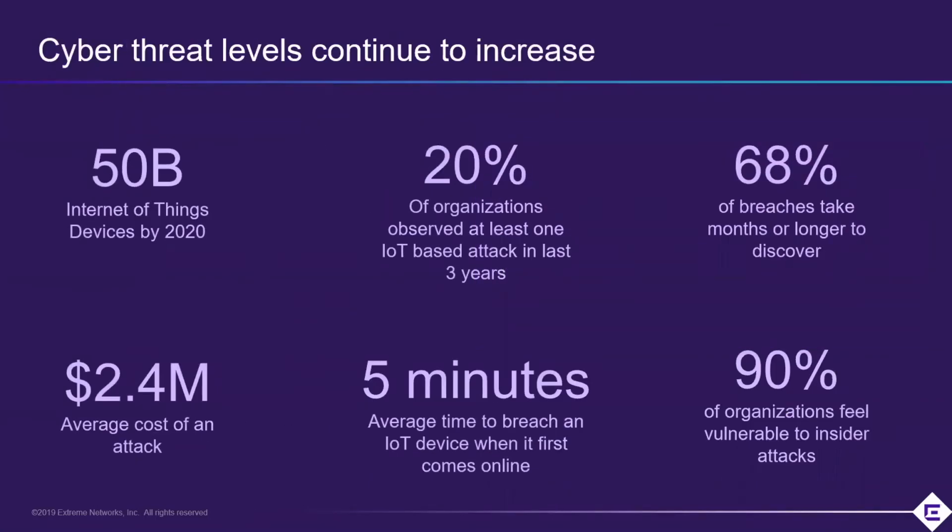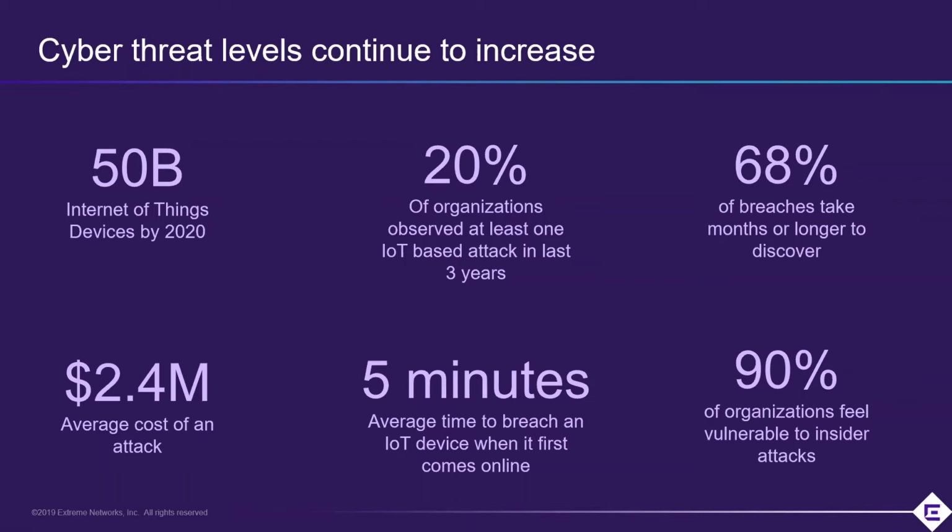Cyber threat levels continue to increase, and I just want to take a couple notes on these slides. First of all, the number of the IoT devices. That's pretty staggering. Also, moving over to the center of the slide, 20% of organizations have observed at least one IoT-based attack in the last 3 years.